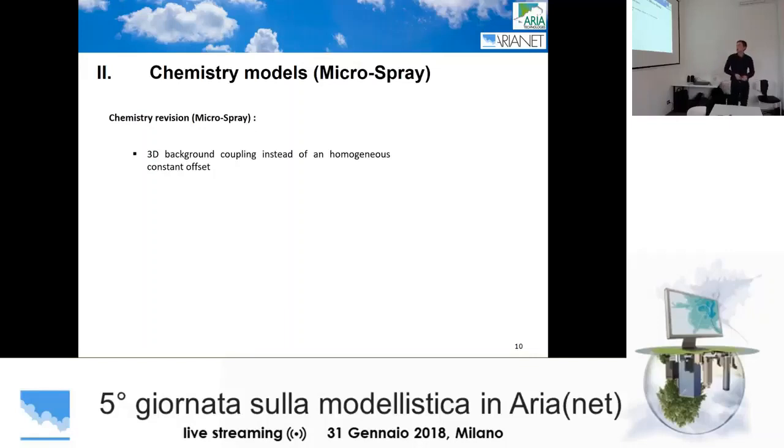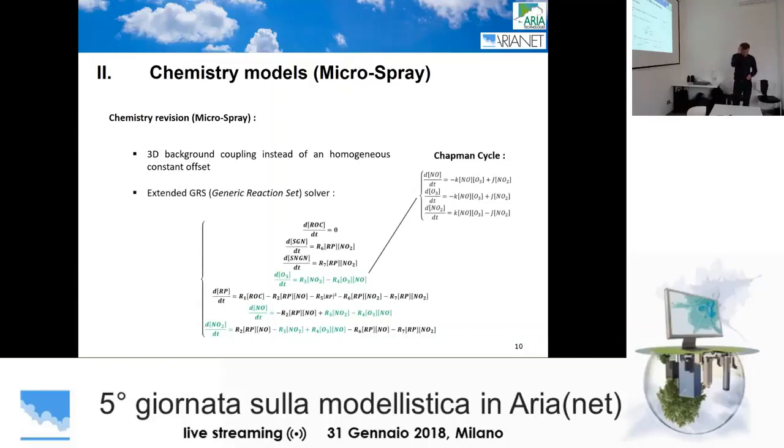We made an upgrade to use three-dimensional background. For example, if you are coupled with a WRF and you have heterogeneous values and vertical profiles, you can use three-dimensional information to compute the chemistry.